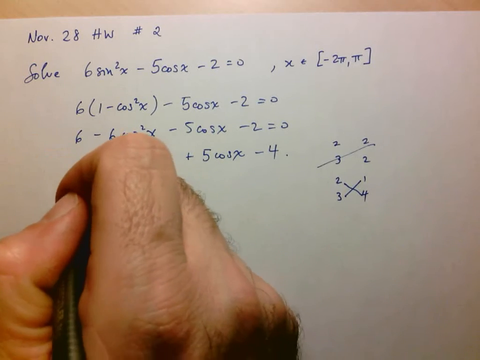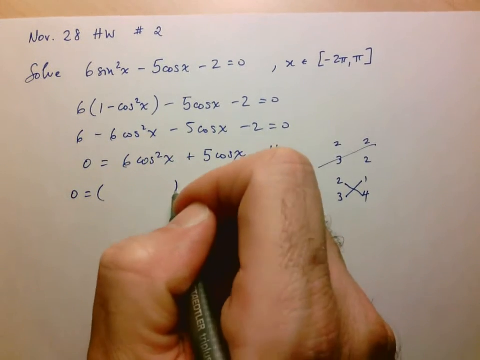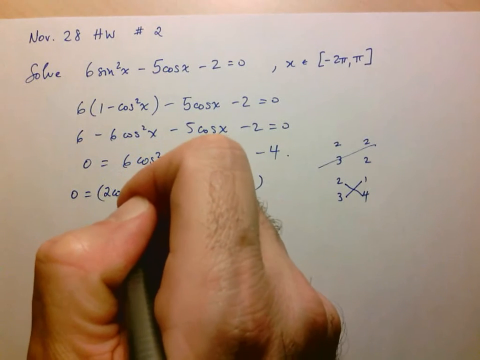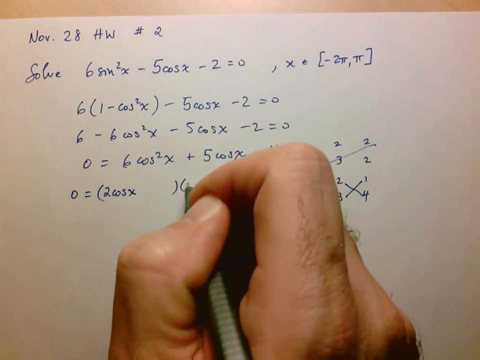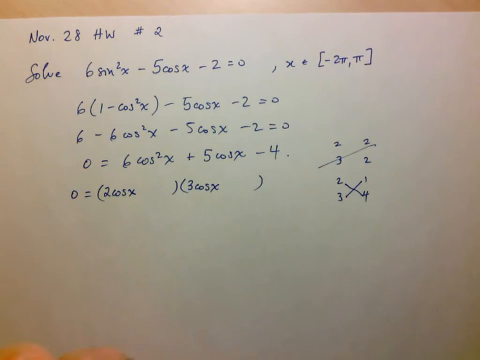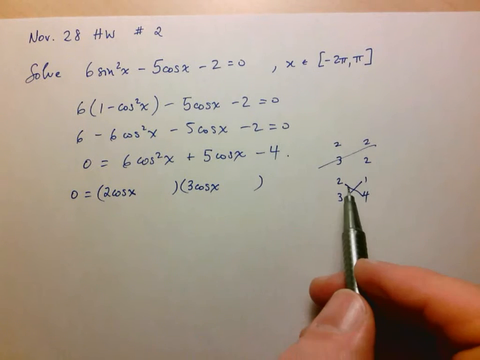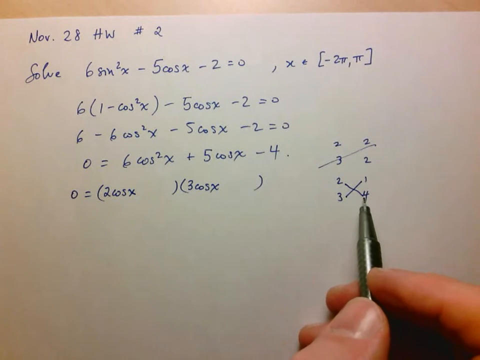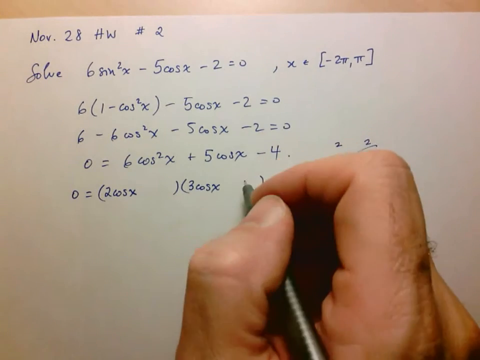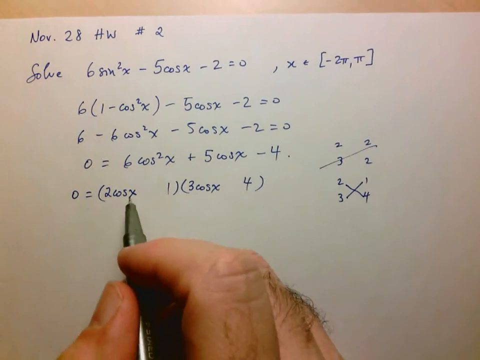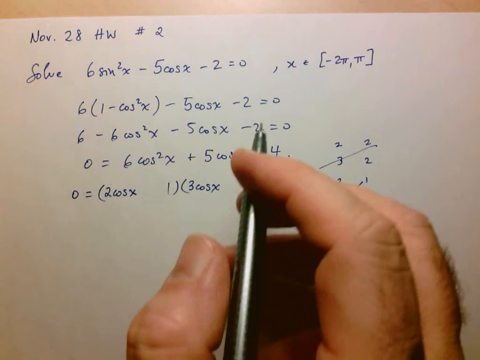Okay, so what does that mean? That means that my 6 cos squared x will be written as 2 cos x and 3 cos x, and my 4 will be 1 and 4, but I have to multiply the 2 to the 4, so that's going to go here, and the 1 times the 3, so the 1 will go there, and I need plus 8 minus 3.